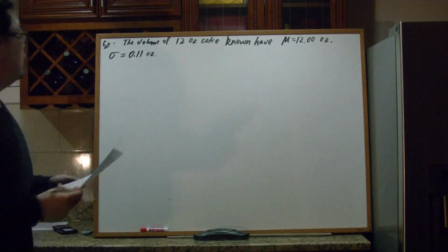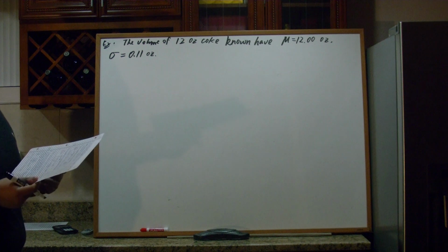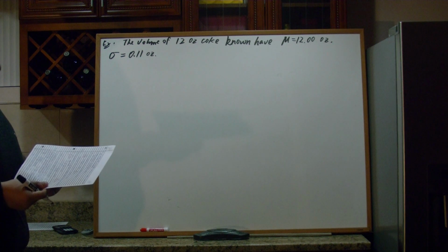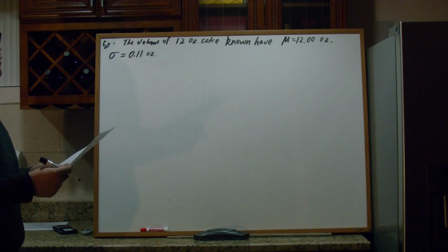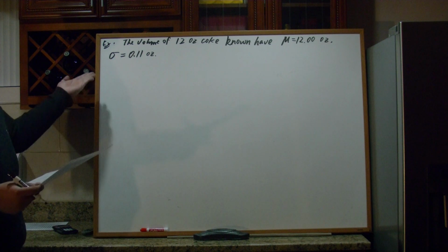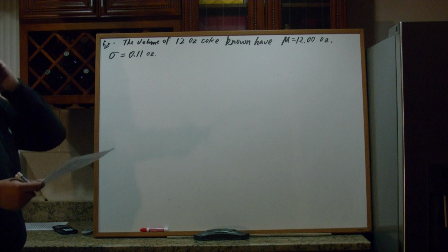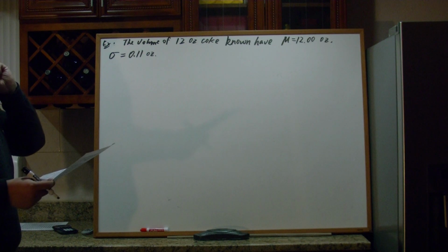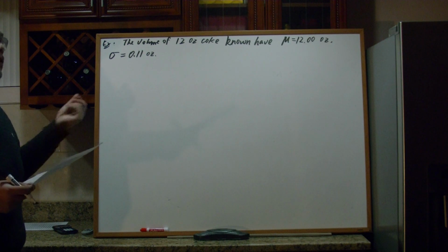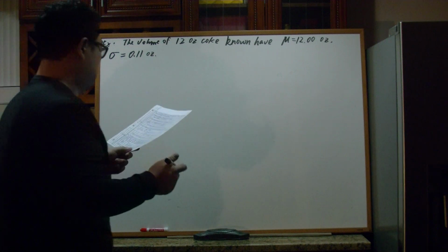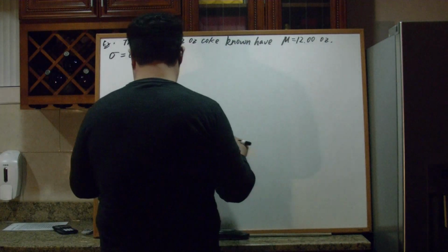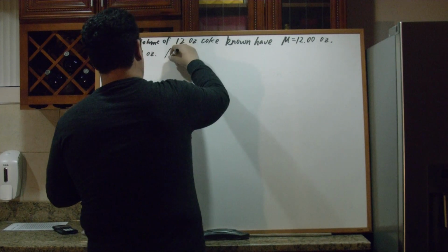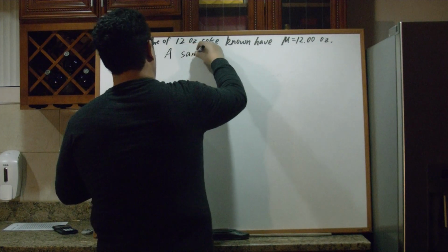The volume of 12-ounce Coke is known to have a mean volume of 12.00 ounce and a standard deviation of 0.11 ounce. Especially, we see we didn't mention that the volume is normally distributed. We don't know if it's normal or not. It didn't say anything about normal at all.